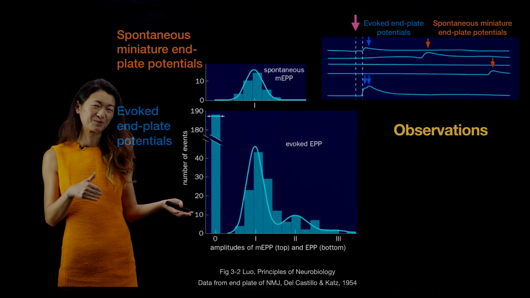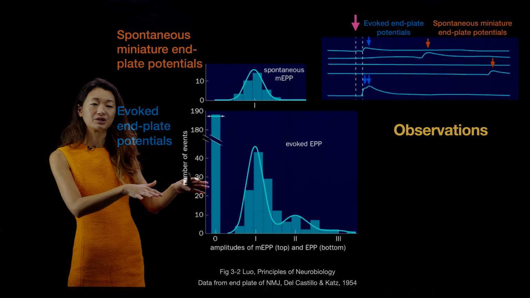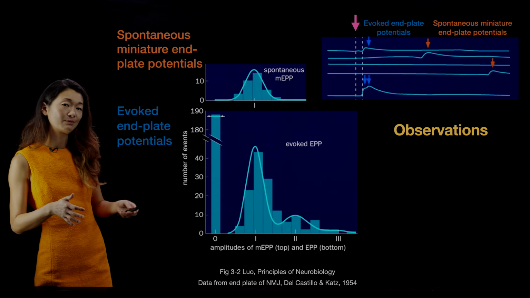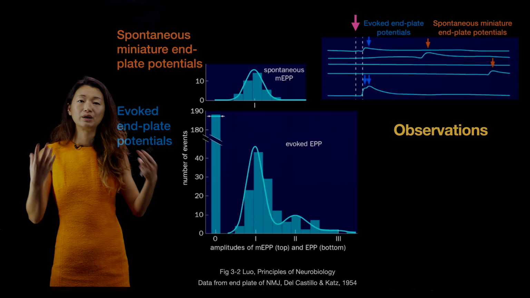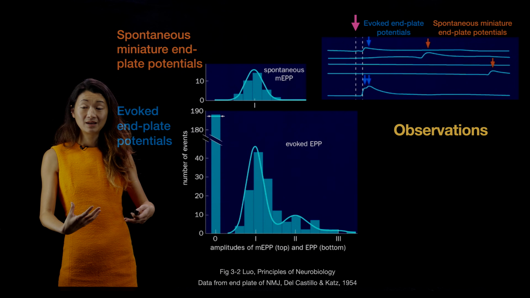This kind of makes sense in retrospect based on what I told you earlier, right? But at the time, this was a really cool, revolutionary experiment done in a neuromuscular junction that conclusively demonstrated that the release of neurotransmitters by vesicles is a quantal event. In other words, this is an all or nothing event. Either you dump all the vesicle's contents into the synaptic cleft or you don't.